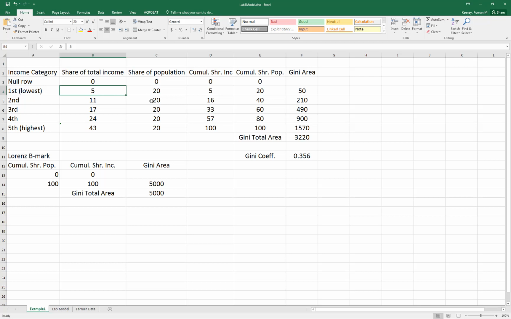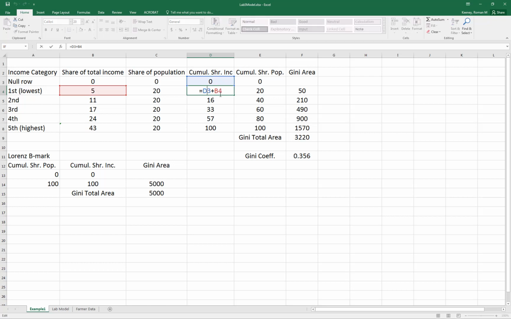The second group, you add 20% to the population, and now you've added 11% to total income. And so to convert these, or to calculate the cumulative shares, so we don't need anything there, it's just to make sure that the cumulative distribution starts at 0, we need a formula.